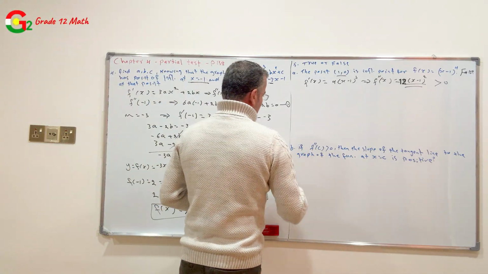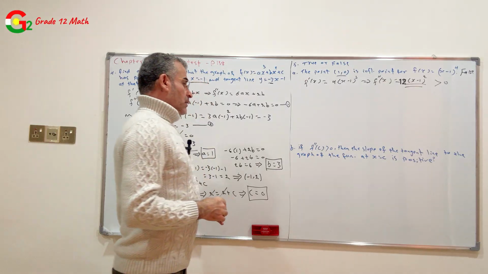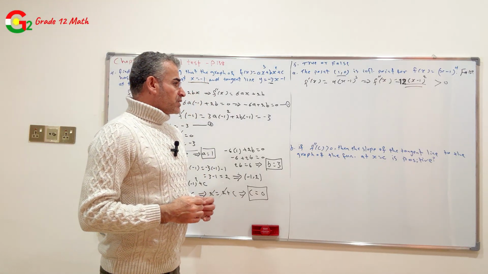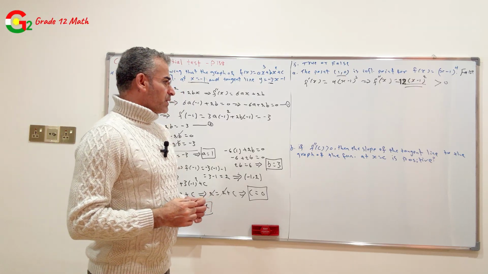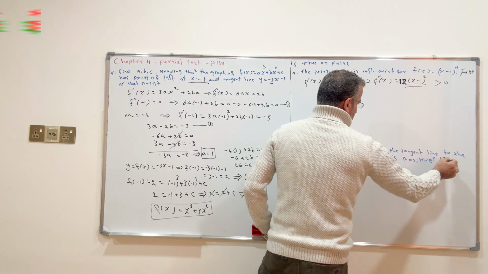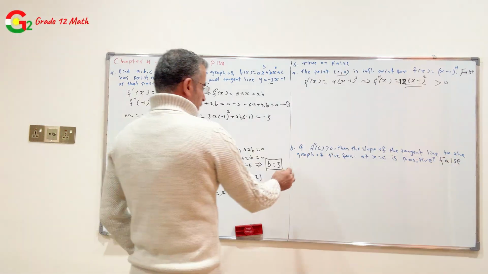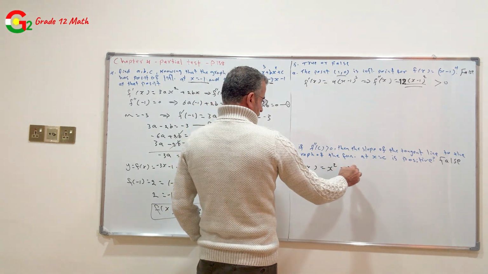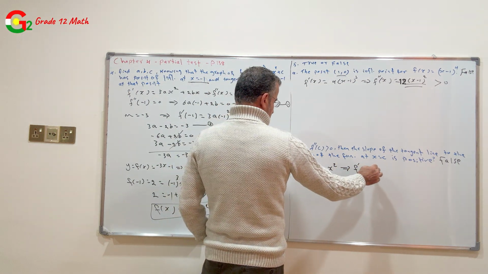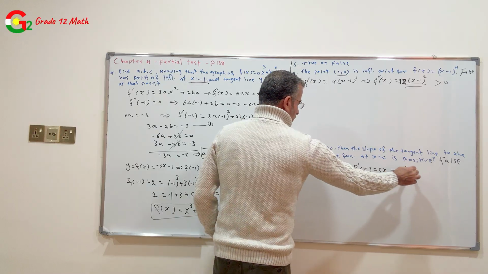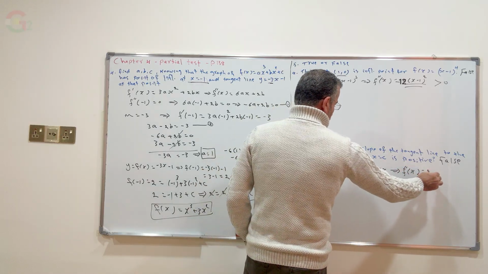If f''(c) > 0, then the slope of the tangent line to the graph of the function at x = c is positive. Also, this statement is false. Since we take f(x) = x^2, then the first derivative is 2x and the second derivative is 2.